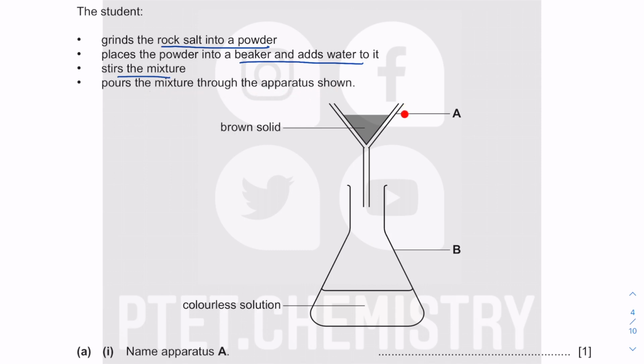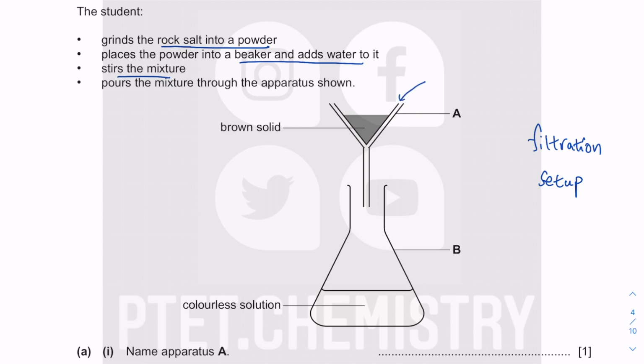So this is very clearly a filtration apparatus setup. If you can identify the apparatus, then you can identify the technique. Similarly, if you know the technique, you should be able to draw this from scratch. This is a scientific diagram to represent a filter funnel, and everything will flow through the filter funnel unless you have a filter paper.